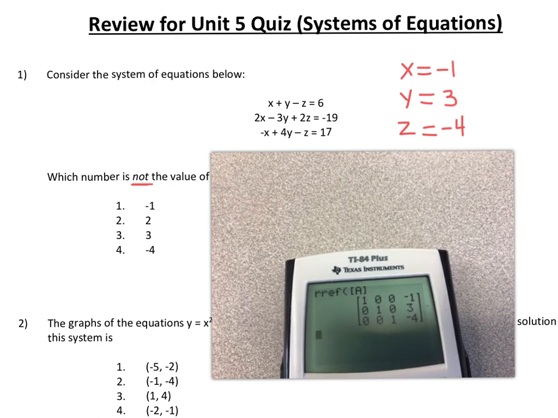So again, it says 1, 3, negative 4. So x is negative 1, y is 3, and z is negative 4.